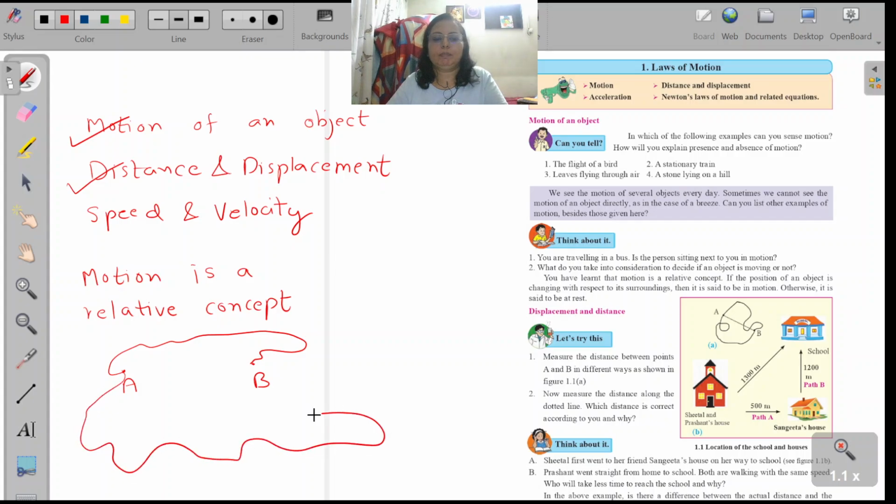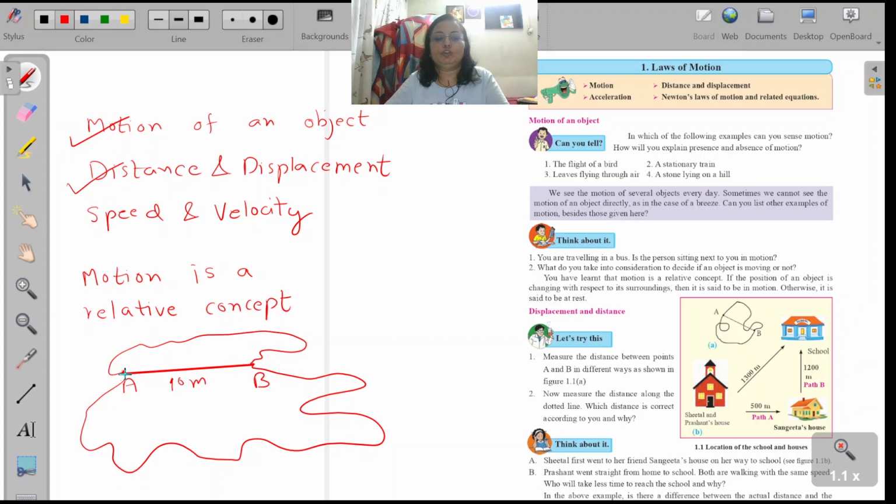I take this path and travel from A to B. Then I take a straight line path from A to B. Which one do you think is the actual path? Actual distance between A to B. The shortest distance between A to B is a straight line, which you can say as the shortest path or the correct path.